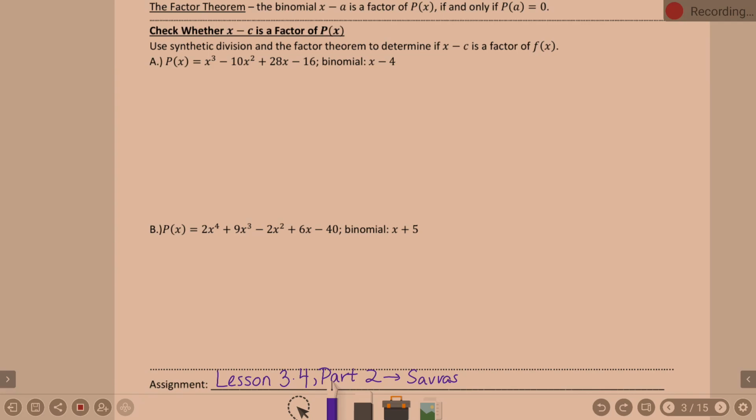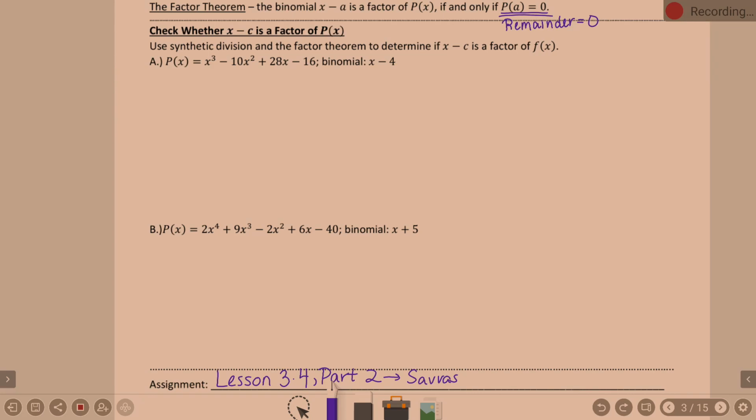This is fancy speak for saying if the remainder equals 0. So it's a factor if the remainder is 0. I talked about that yesterday, didn't I? And I don't know how many of you have done the homework yet, but you might have to write them in factored form. Same thing here.